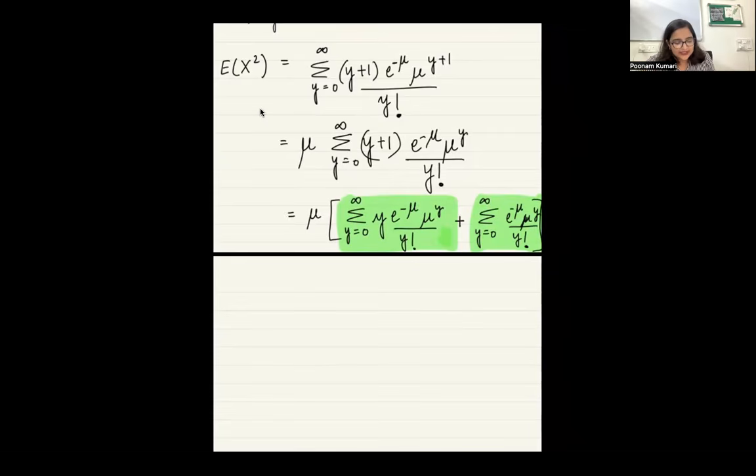So this is basically ये मेरी y वैल्यू टाइम्स प्रोबेबिलिटी ऑफ y. तो एक तरीके से ये मेरी एक्सपेक्टेड वैल्यू हो गई. यहाँ पे y की जगह अगर सिर्फ x लिखा होता तो everything is exactly the same, right? This is my y value, this is my probability of y, and this is my probability of y, right? So this is my sum of probabilities, and this is my expected value of Poisson random variable, right?